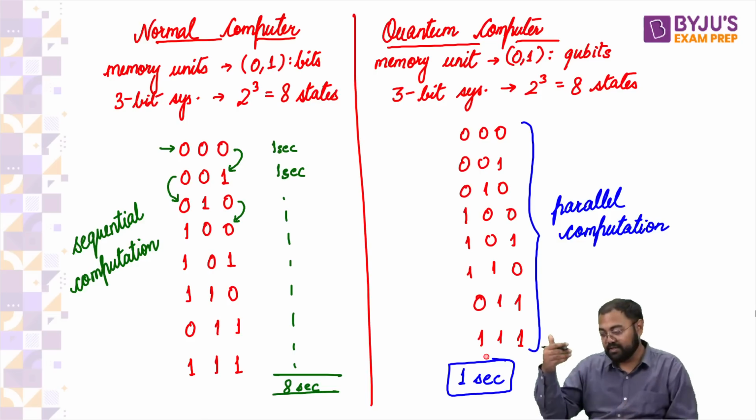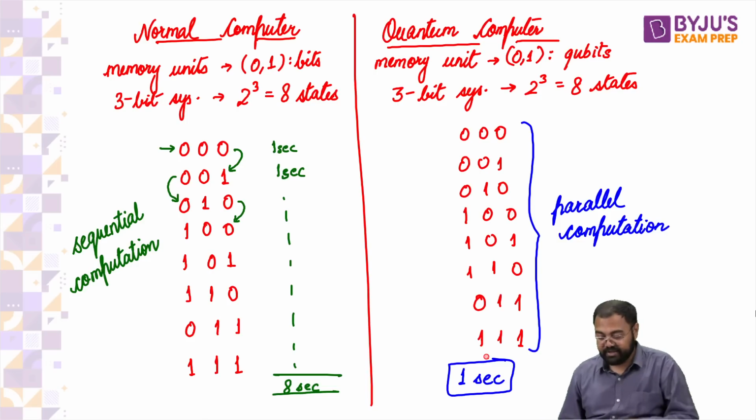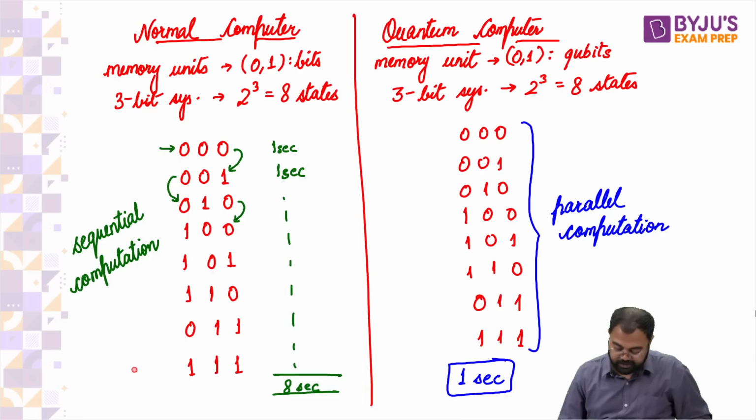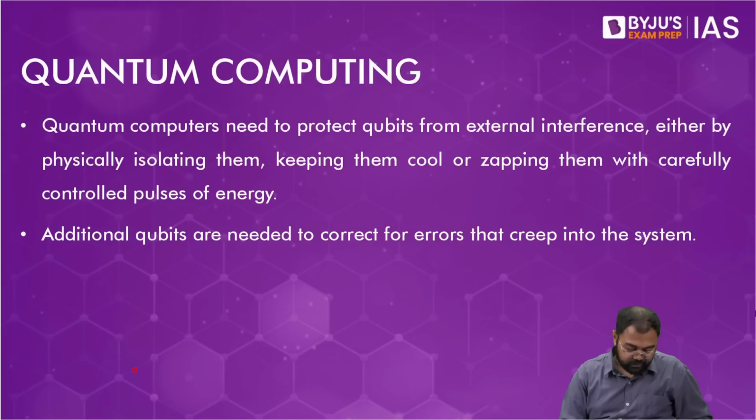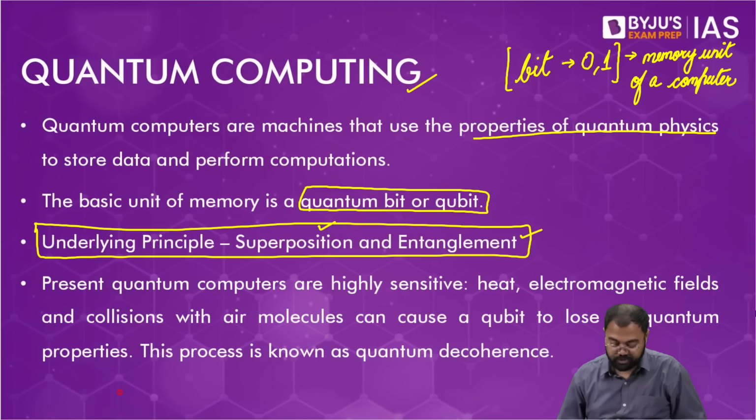So very quickly it will all happen, and we'll be able to get all the work done much quicker. So forget about a normal computer that we use. Even compared to a supercomputer, the quantum computers will be extremely fast. Even a supercomputer will not be a match for the speed that quantum computers would have. So this is what we are looking at when it comes to quantum computers.